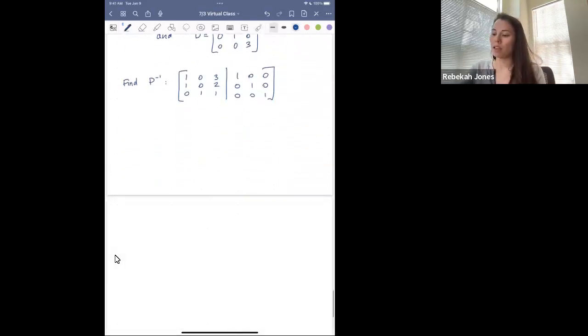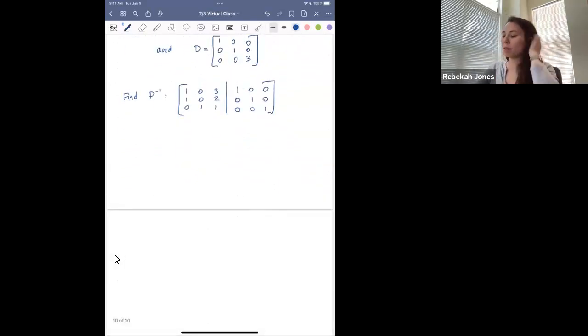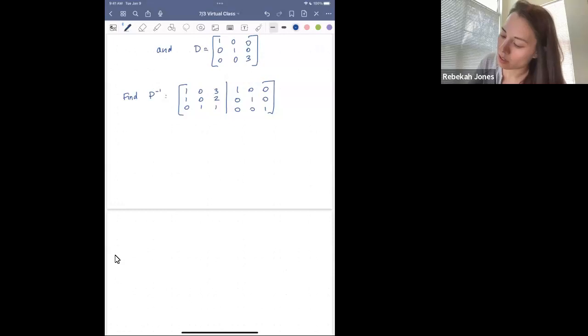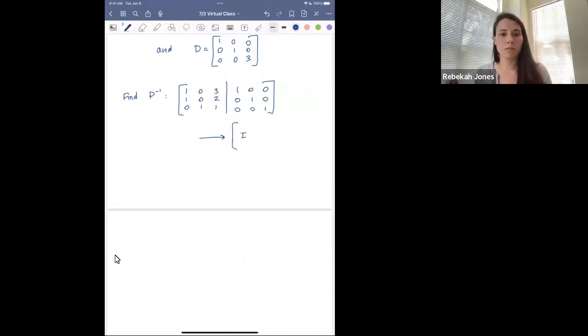Okay. And this is really not too bad, but I think we've done examples of this before. So if you want to try this yourself, what you are trying to do is row reduce until you have the identity on the left-hand side.